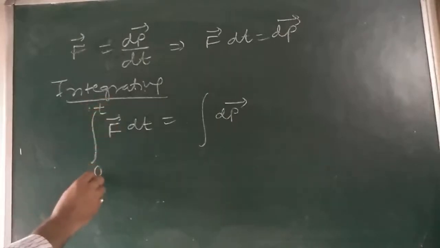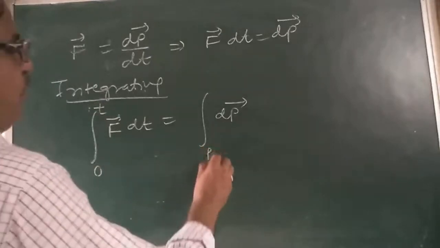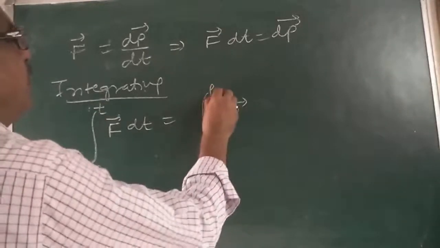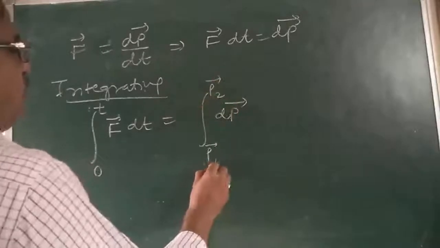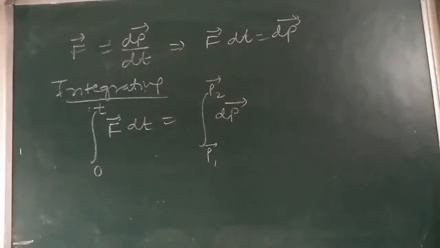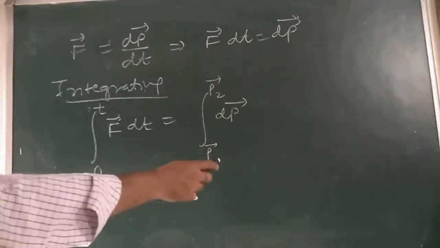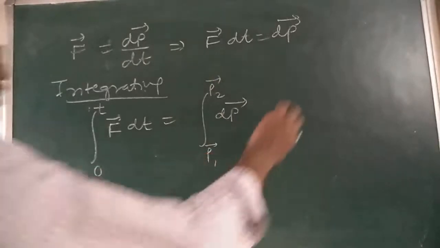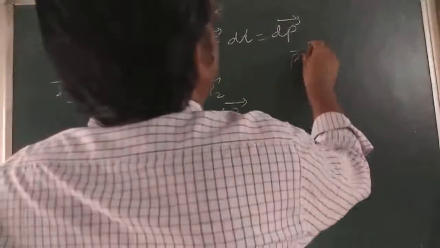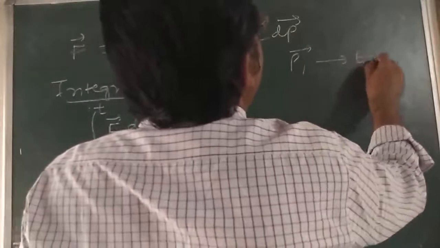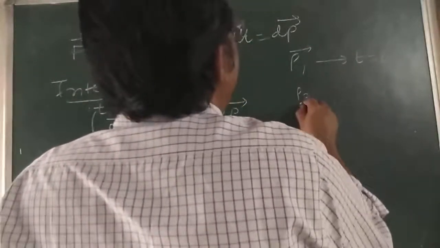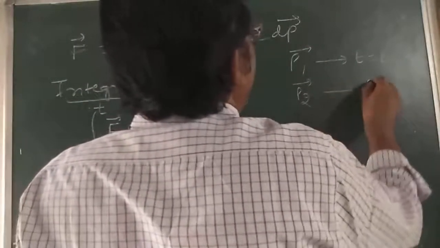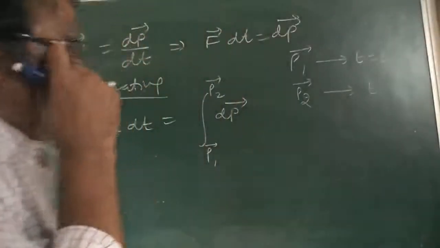It is called the lower limit and the upper limit. Suppose the initial momentum is P1 and the final momentum is P2. So P1 is the initial linear momentum at the time t equal to 0, and P2 is the final linear momentum at the time t.